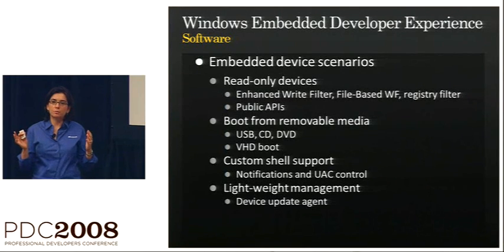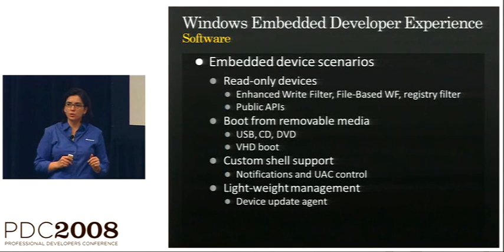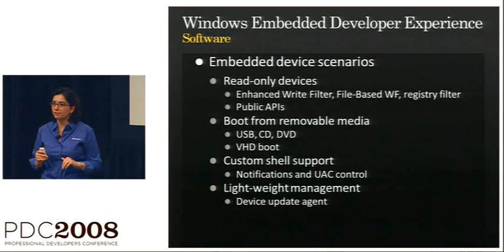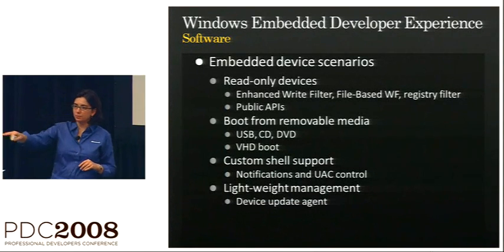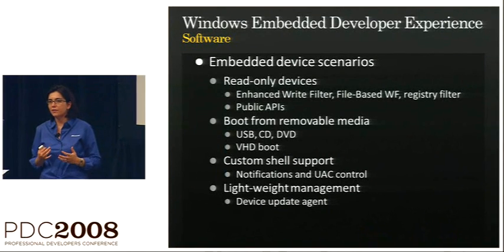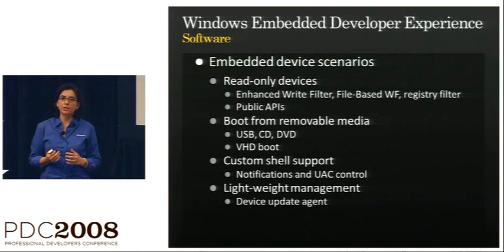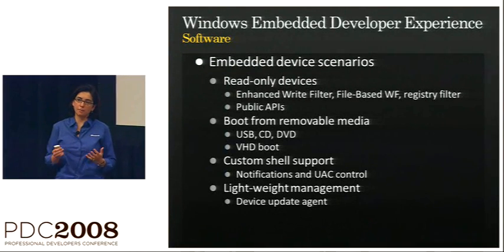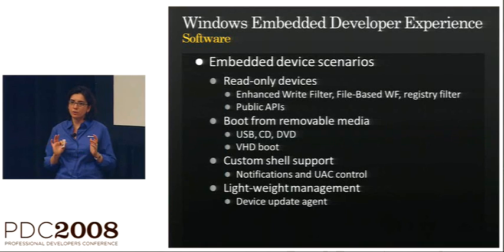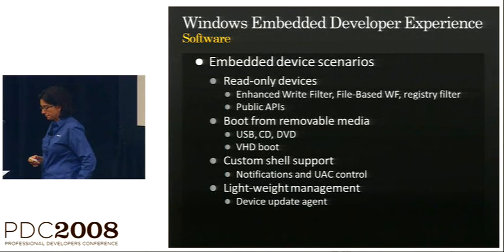And what to do could be go get this update and install it, or just reboot my device, or check this registry key and put the output on that network share. So you could have very simple management and monitoring scenarios with DUA, but certainly it's not an enterprise scale management solution. DUA is only for very simple embedded specific management scenarios.